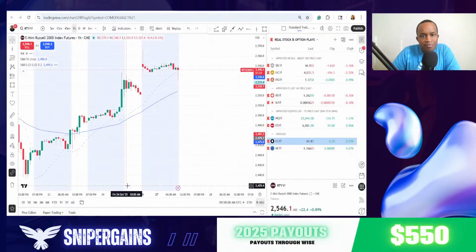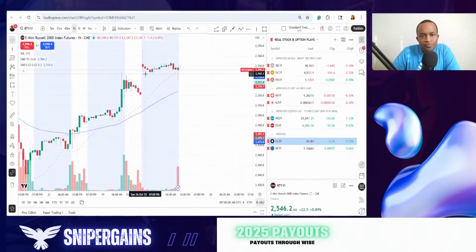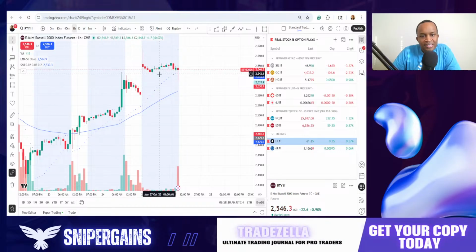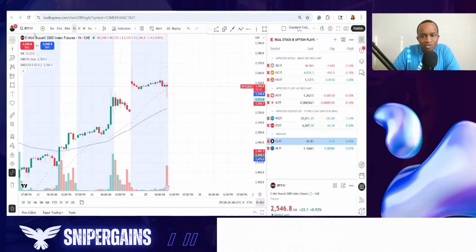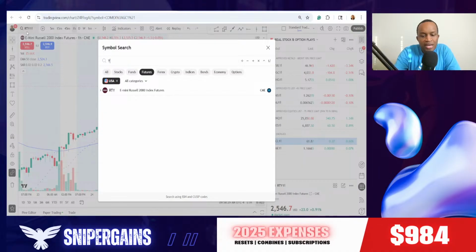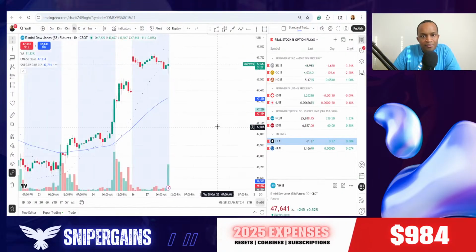Let's say, for example, you have the RTY. The only concern that I have with the RTY is it sometimes will move in a way that goes against NQ and ES, so it tends to be a little bit tougher to trade that sequence, and it would be a counter trend trade if I tried to do that. Same thing with YM.